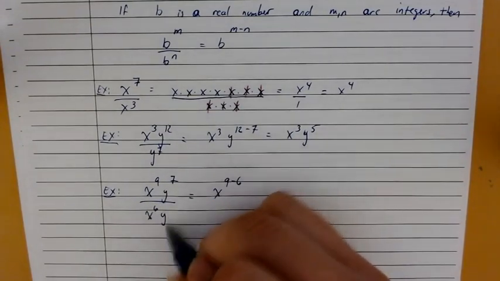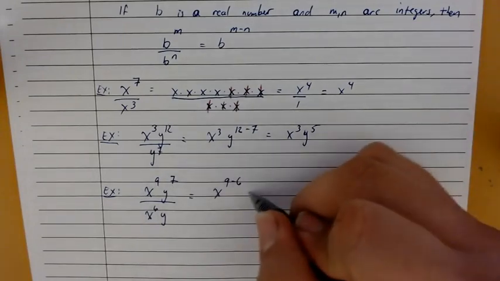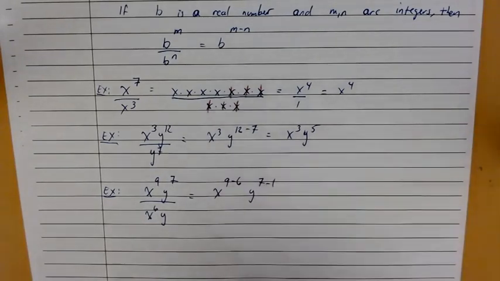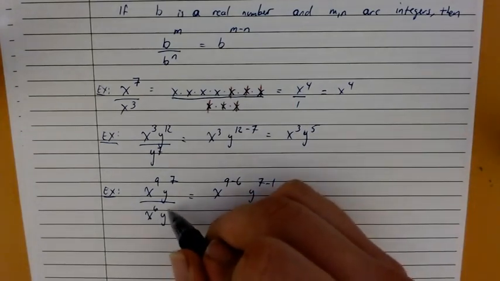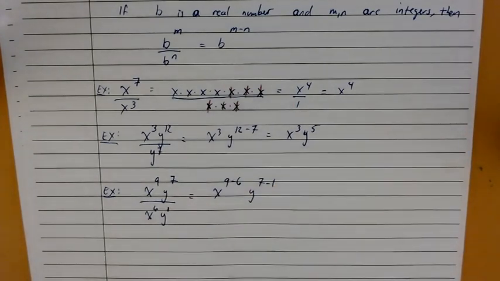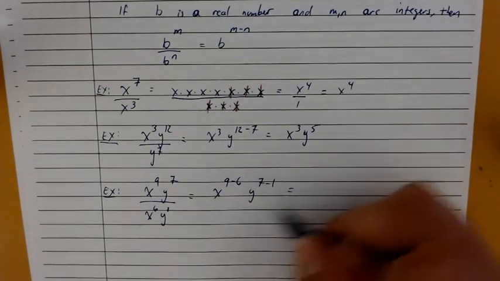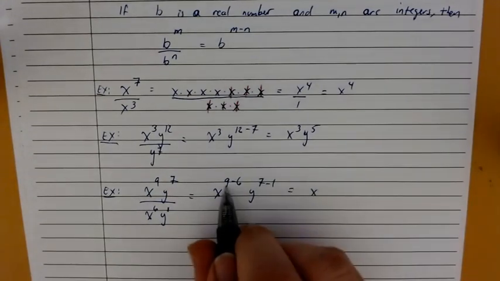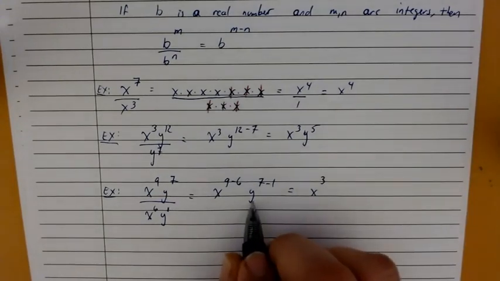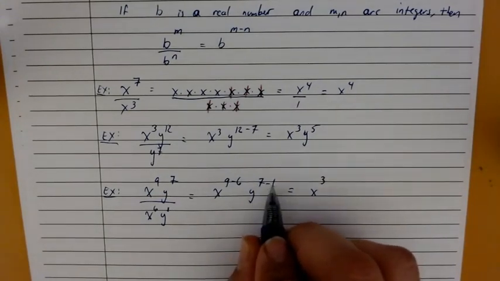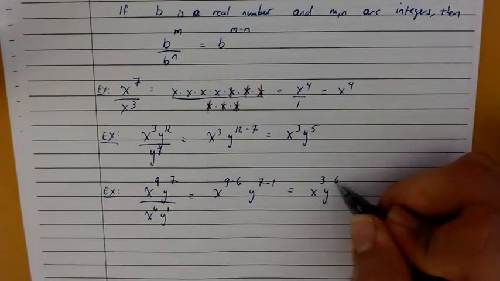And then these also go together. Y to the power 7 minus 1. Because after all, y is like saying y to the first power. So even though it's not written, y by itself has a power of 1. So x to the power of 9 minus 6 will give us x to the power of 3. And here y to the power 7 minus 1 is y to the power of 6.